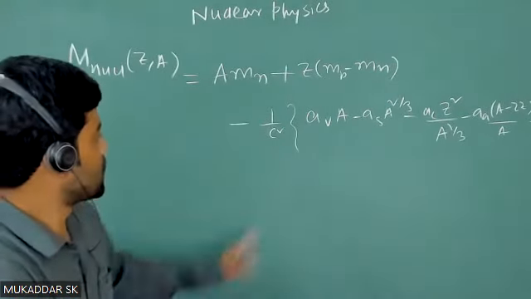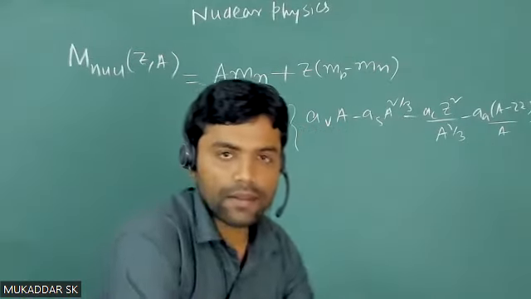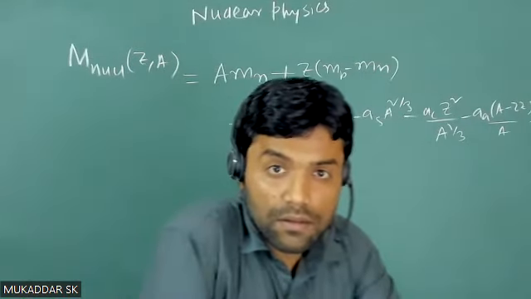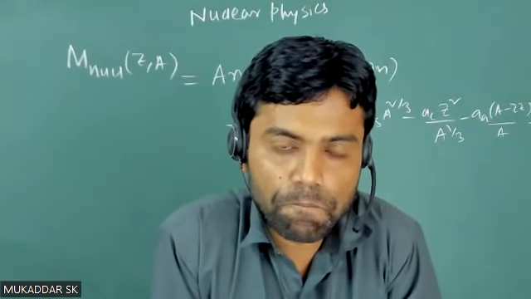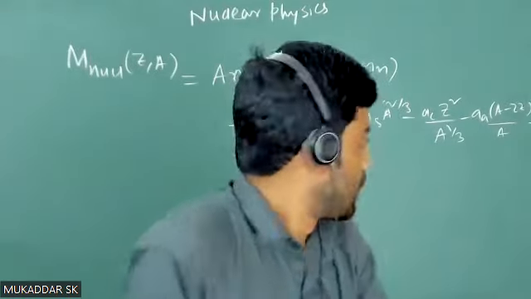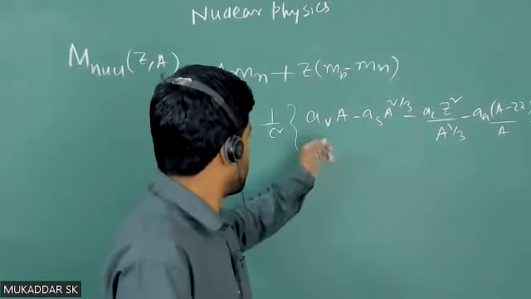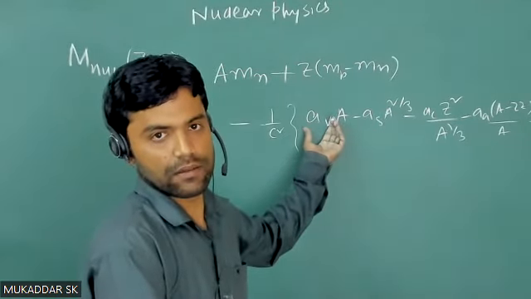Now see, this a c, a v, a s, इसका यूनिट क्या है? That coefficient, all coefficients, इसका यूनिट क्या है? Electron volt, और एनर्जी की यूनिट. If you divide by c square, now you have this in the unit of mass.